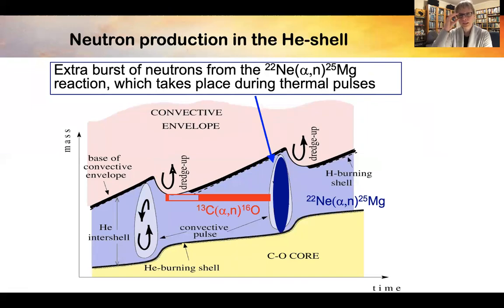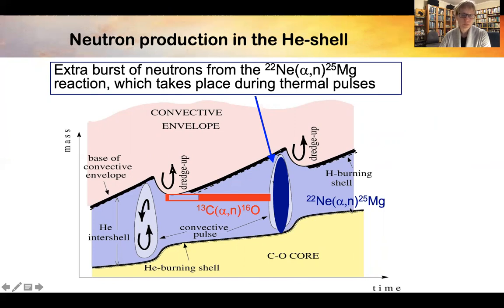What about in our intermediate mass stars? Well, in our intermediate mass stars, we aren't even sure they have carbon-13 (alpha,n). However, the base of their helium intershells is hot enough to ignite neon-22 (alpha,n). Neon-22 (alpha,n) is ignited at the base of the helium shell and produces neutrons.